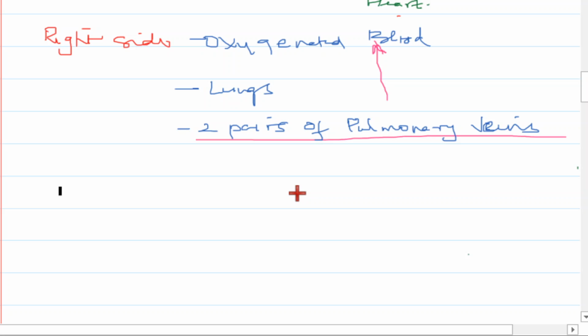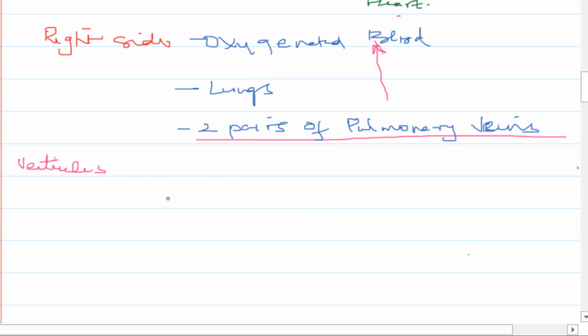Now coming to the ventricles. What happens in ventricles? So the oxygenated and the deoxygenated blood coming into the right and the left atria, they get into the ventricles, right? As long as you understand what that is.